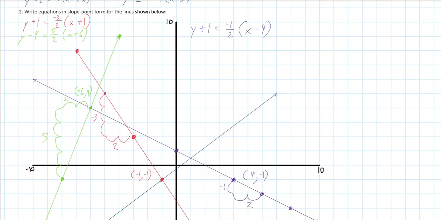Okay, looking at the last one, the blue one here, we're going to find 2 points that are next to each other, so those two are good to go. Here's another one over here. So I'm going to pick this point, and it's going to be 3, 2. Okay, and it goes up 1, 2, 3, to the right by 1, 2, 3, 4.